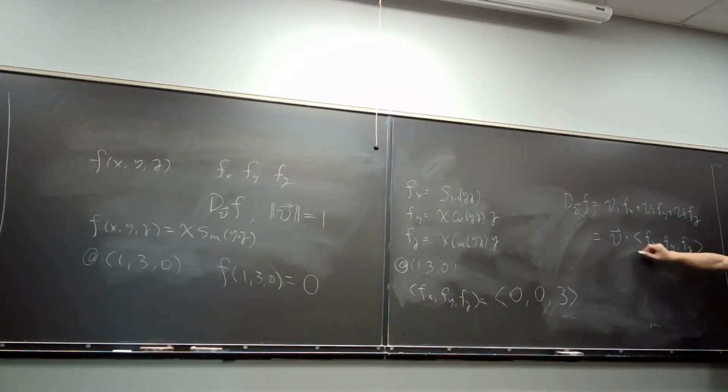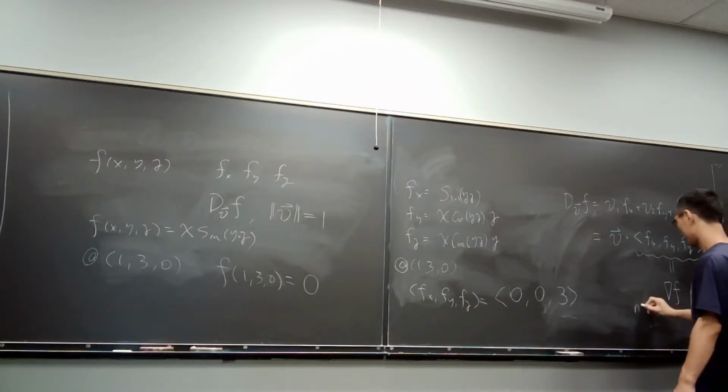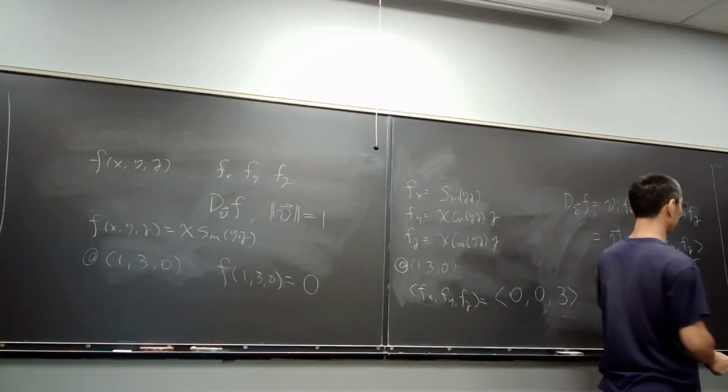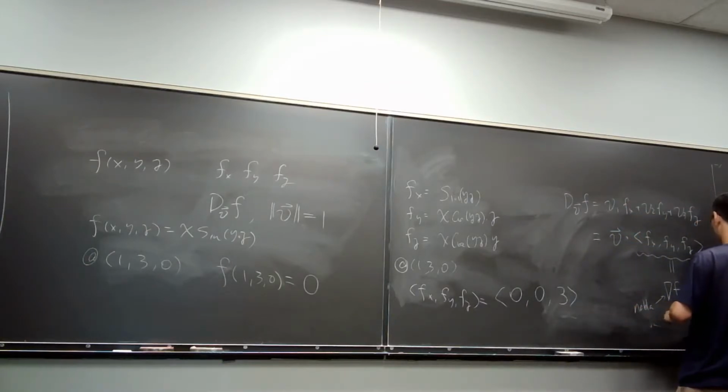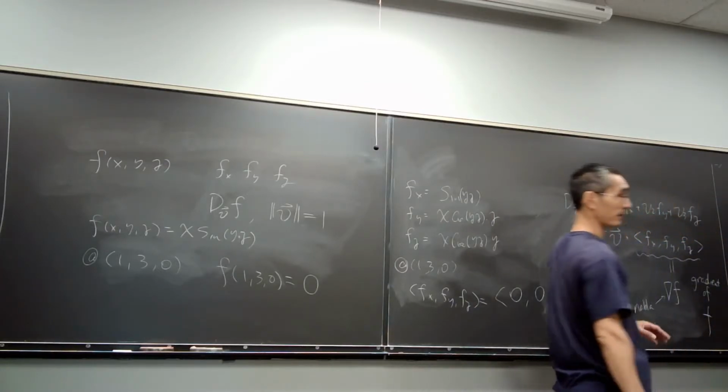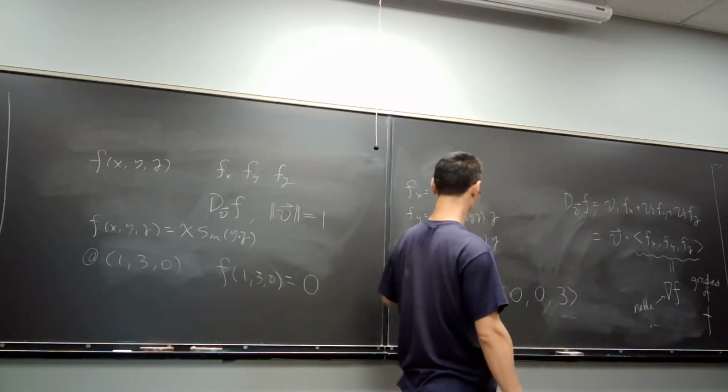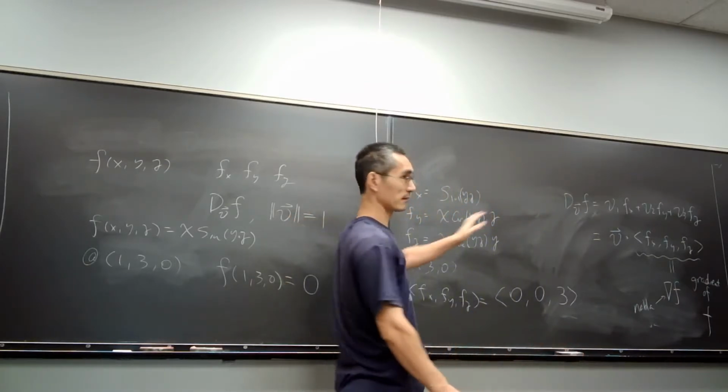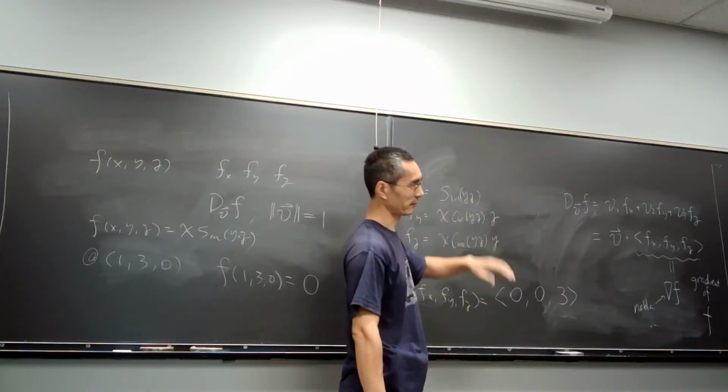And this one, which we wrote over there, is defined as, this is written nabla. You read it nabla, but we call this the gradient of f. So gradient is a vector that has as many components as the number of variables.